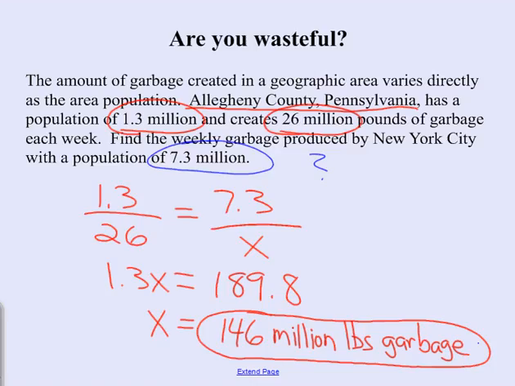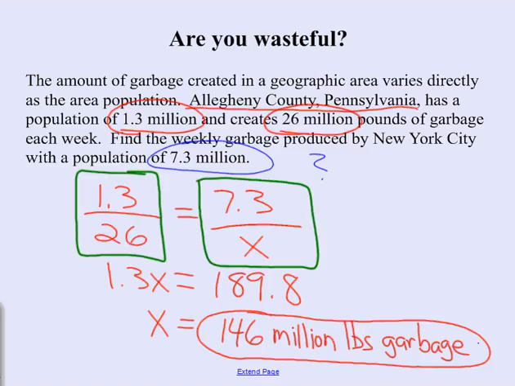So looking back at our setup of the proportion for this problem, since it was a direct variation problem, you'll notice that we put corresponding values in the same ratio. In this case, the left ratio was for Allegheny County, and the right ratio was for New York City.